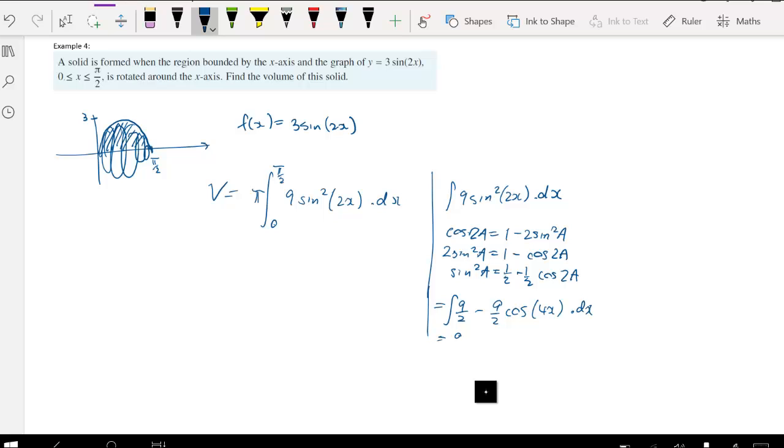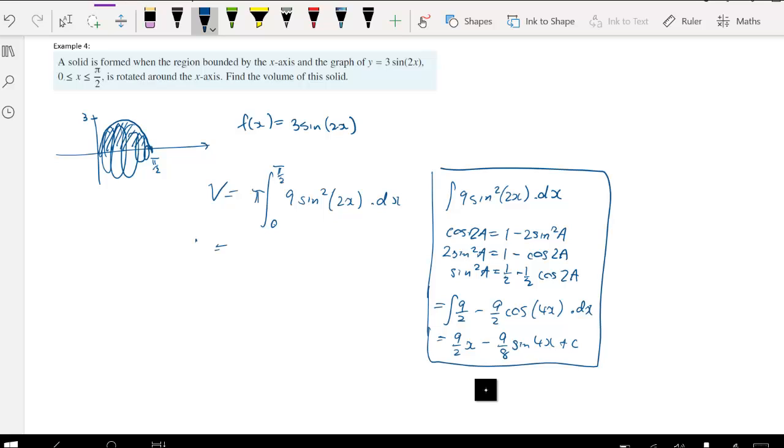Therefore our integral will be 9 on 2x take, now we'll also have to divide by 4 here, so it will be 9 on 8 sine 4x plus c. So when we put this back in, we've got the volume is pi multiplied by our integral, which is 9 on 2x, take 9 on 8 sine 4x between pi on 2 and 0.